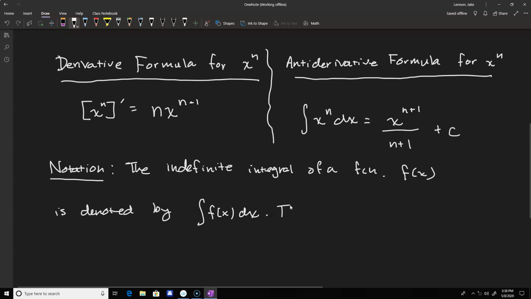So this asks us to compute the general antiderivative of little f of x.